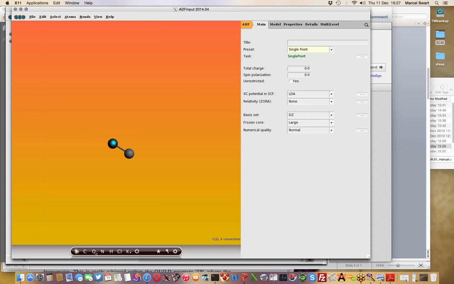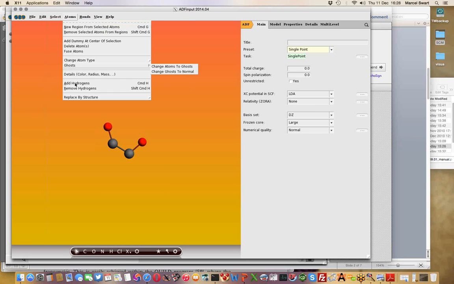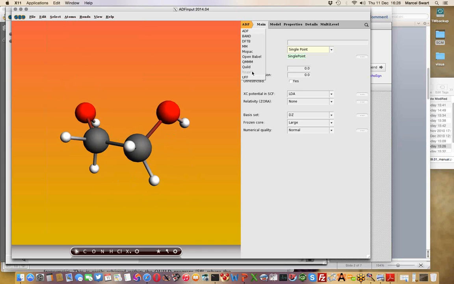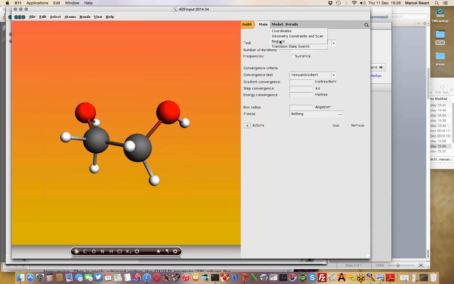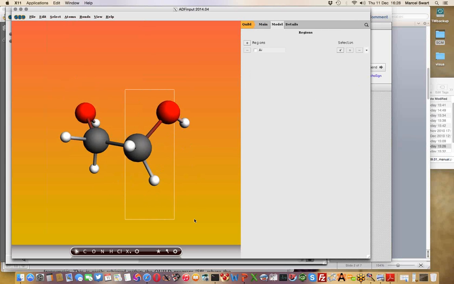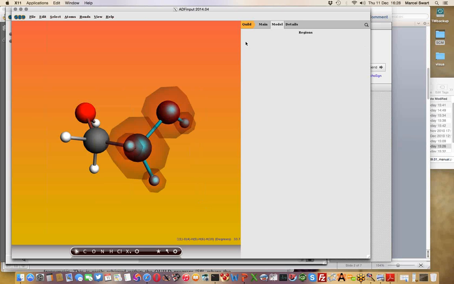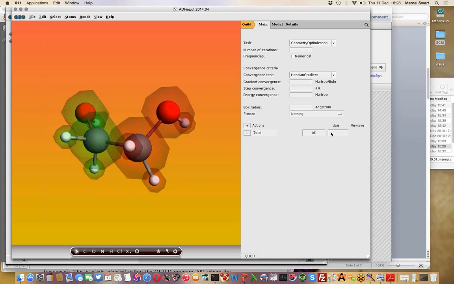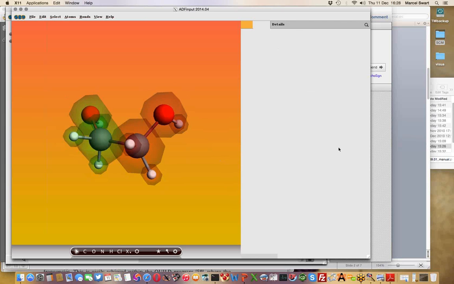So let me build a molecule again. If you want to treat some part of the system with a higher level, and the whole region, instead of doing DFTB, we now go for MOPAC.